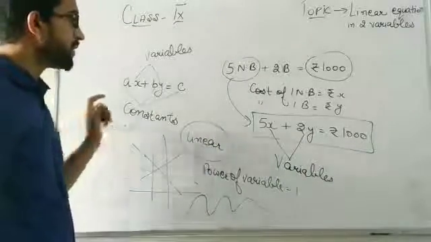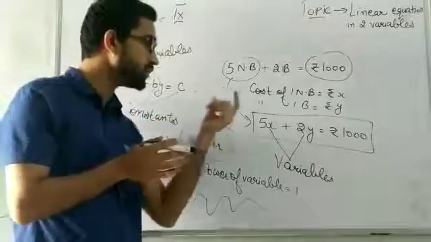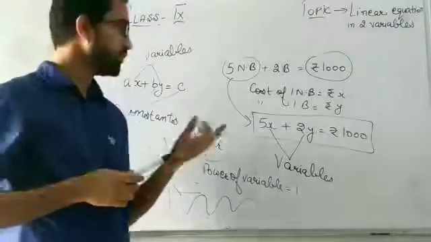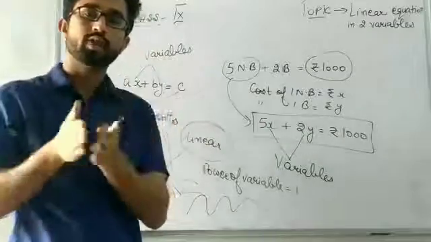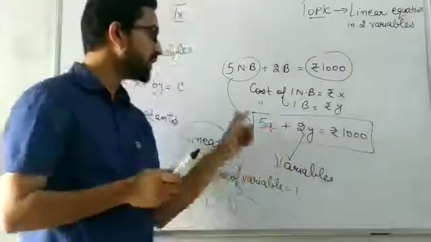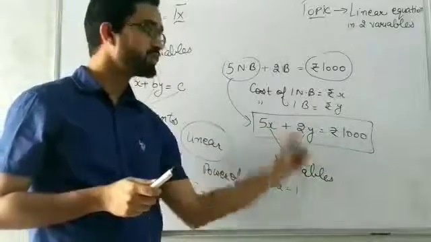Alright, so let's try to do some questions now on how this linear equation can be represented with graphs. If we represent it, we can see how our amount will change according to the different variables. We had 5 notebooks and 2 books costing rupees 1000.